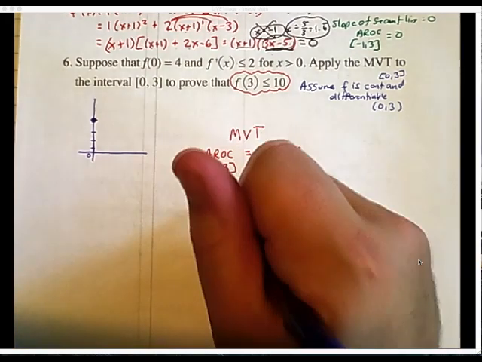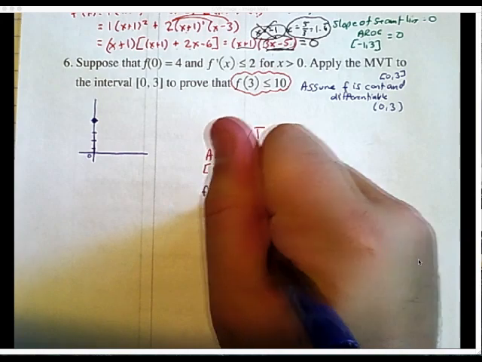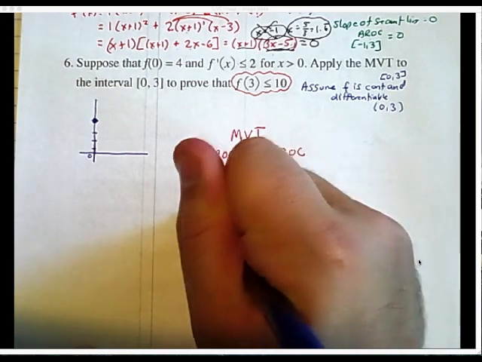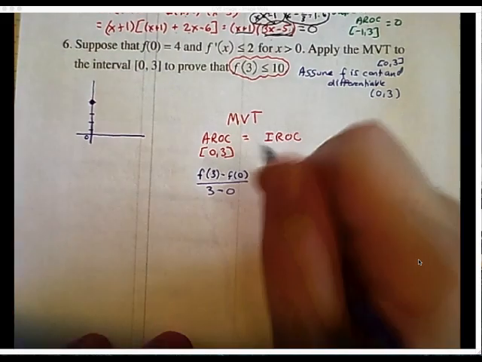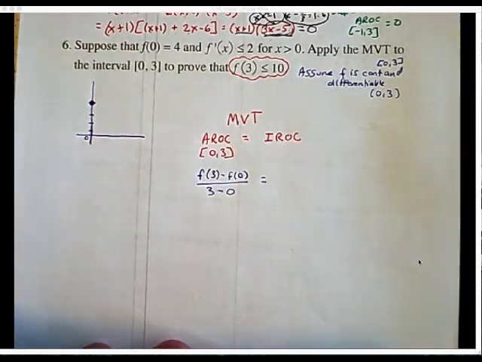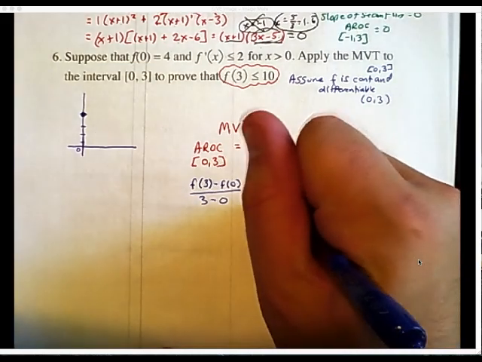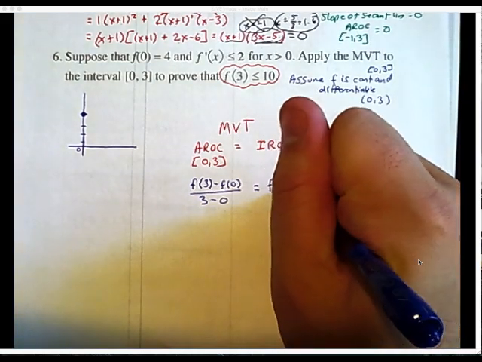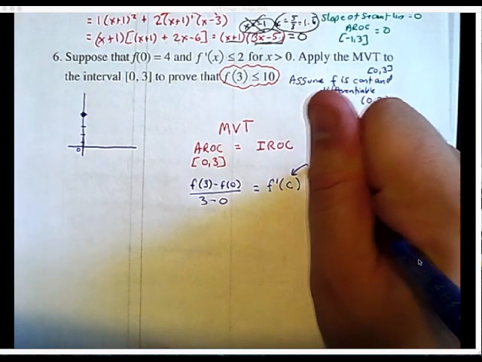So how would I calculate the AROC? I would have to say f of 3 minus f of 0 all over 3 minus 0. That's how I would do the AROC. And the IROC is f prime at some number c, where c is some number between 0 and 3.